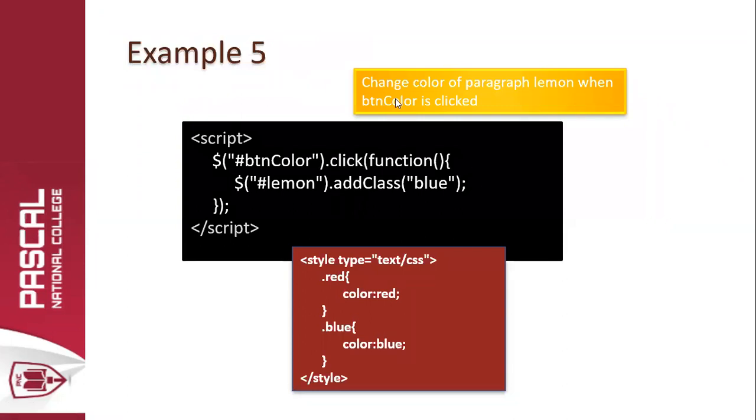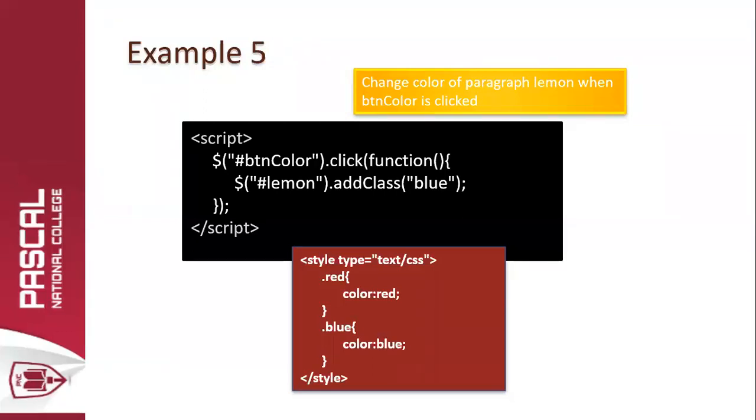In this example, say we already have red and blue as our classes. The color applied will be red, and the color applied will be blue for these classes. Next one is change the color of the paragraph lemon when btn color is clicked. So say when we click on this btn color dot click, this event is triggered, and when you click on this button, you need to apply it to lemon.